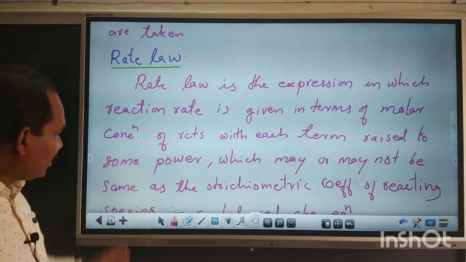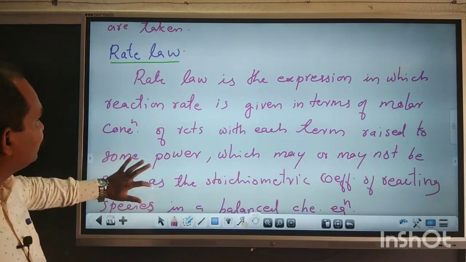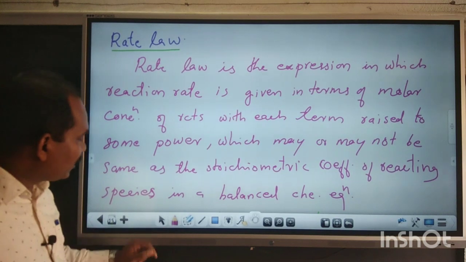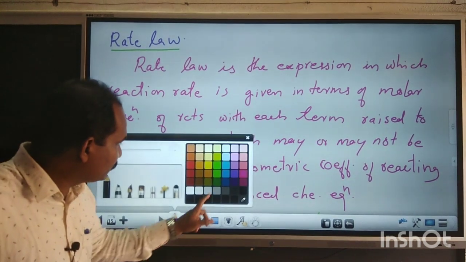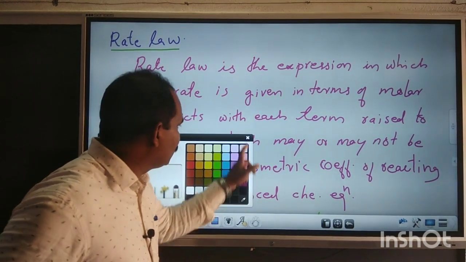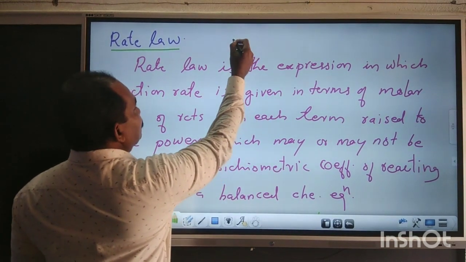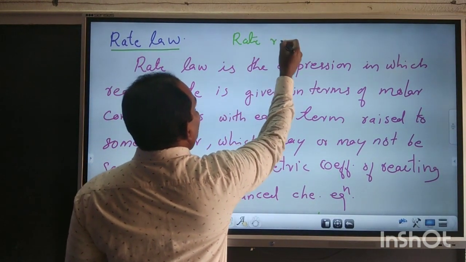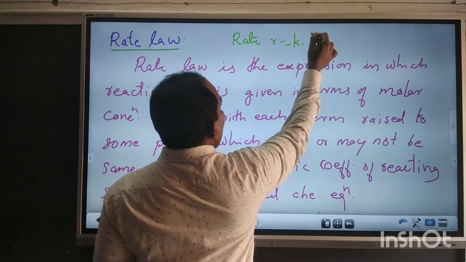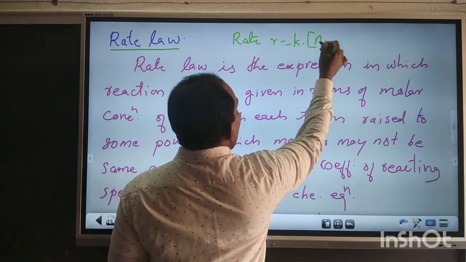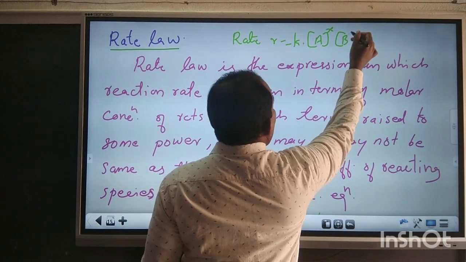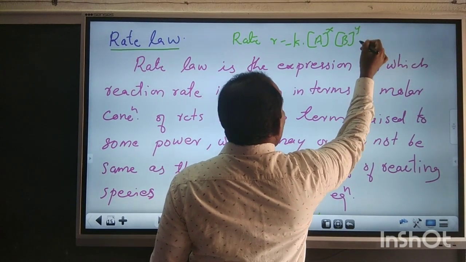Next, we have to define the rate law from the above equation. What is rate law? Can you define the rate law from the equation? What is the equation? Rate R is equal to k into concentration of A raised to x, B raised to y.